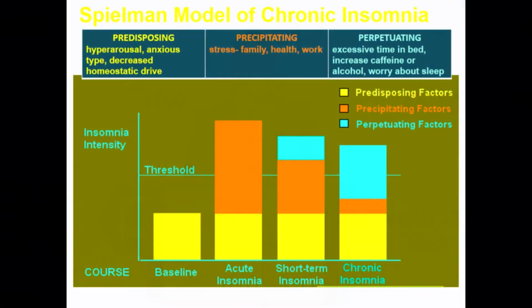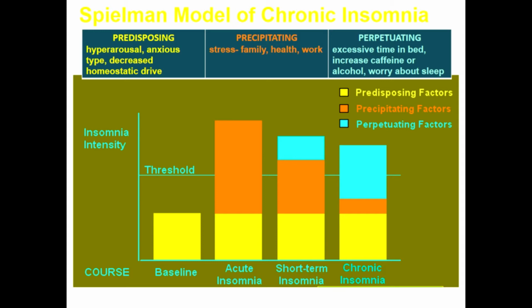Now, this is one of the most popular, I would say, models of why people get insomnia. The idea is that certain types of people are predisposed to getting insomnia. This means that maybe you have a subclinical level of anxiety going on, and then there's a precipitating factor. It tends to be an acute life event that initiates the insomnia.